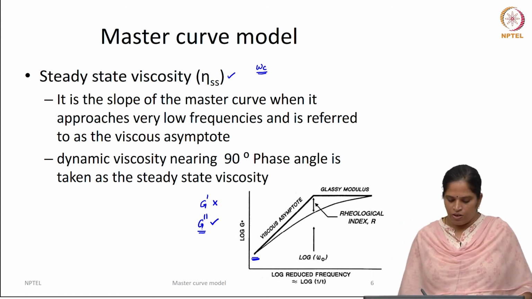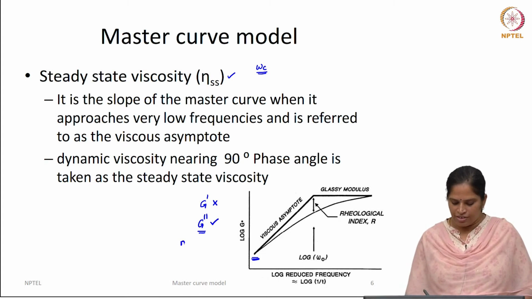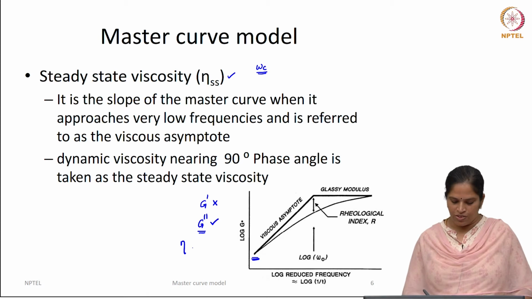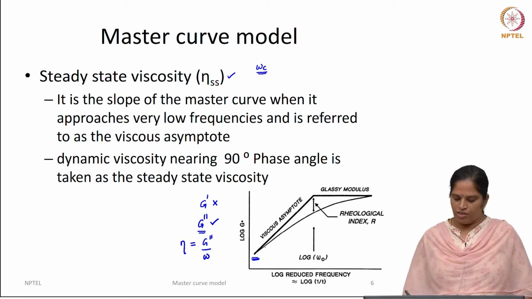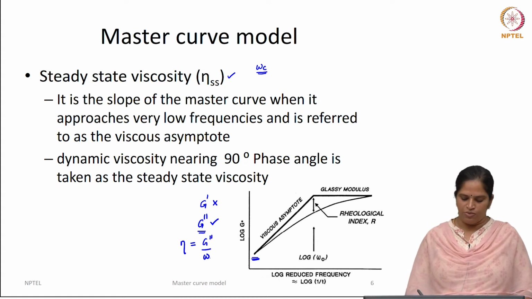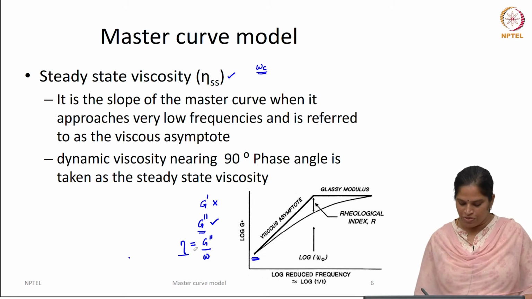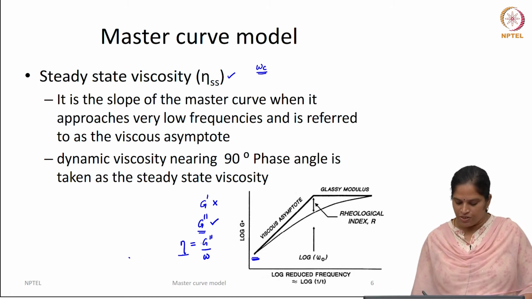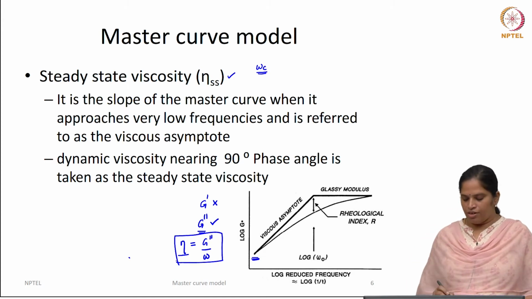If the loss modulus is dominating, we can relate the loss modulus to a dynamic viscosity at a frequency using an expression: dynamic viscosity, eta, is a function of the loss modulus, or the slope of the loss modulus function with respect to frequency. So this dynamic viscosity can be related to the loss modulus using this relation.